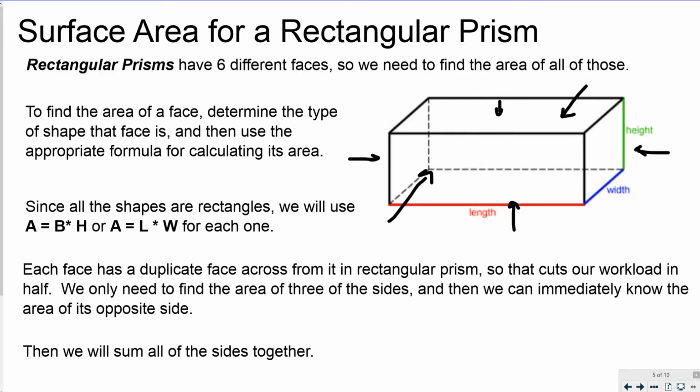So the formula for the surface area of a rectangular prism is 2 times, using parentheses, length times width, plus width times height, plus height times length.